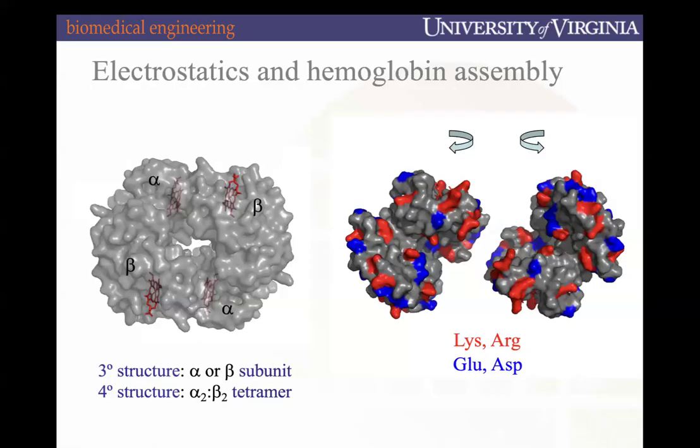At the quaternary structure level, ionic bonds and these electrostatic interactions are what bring these multiple subunits together and keep them together. We'll talk towards the end of the lecture about what happens if you disrupt that. You can appreciate that they're complementary.